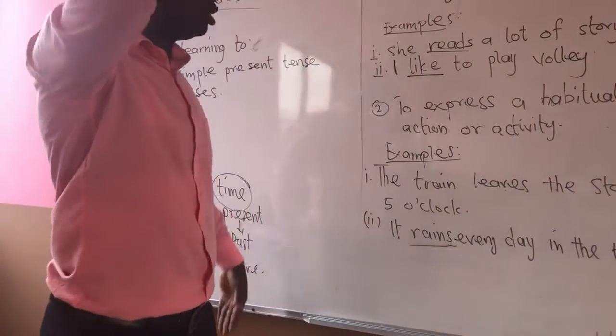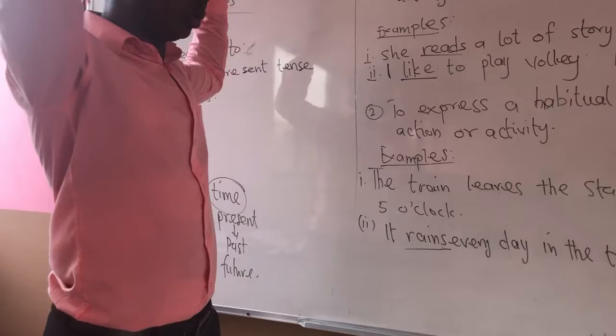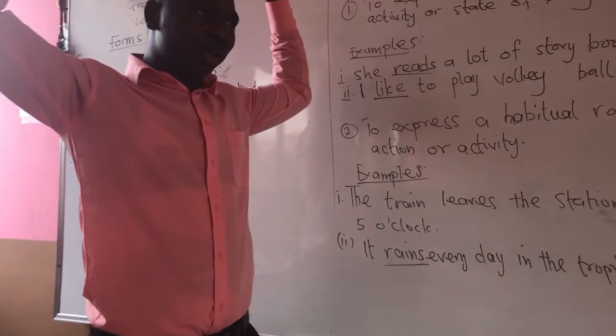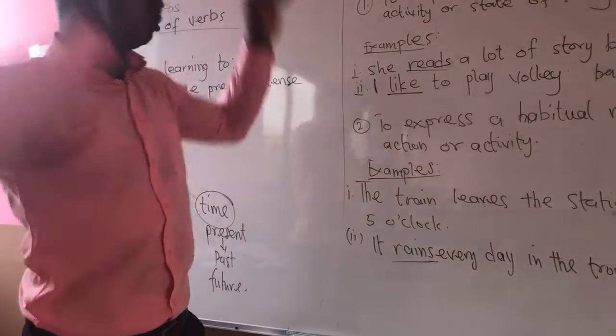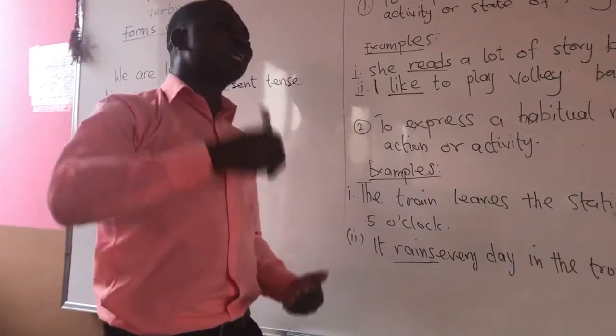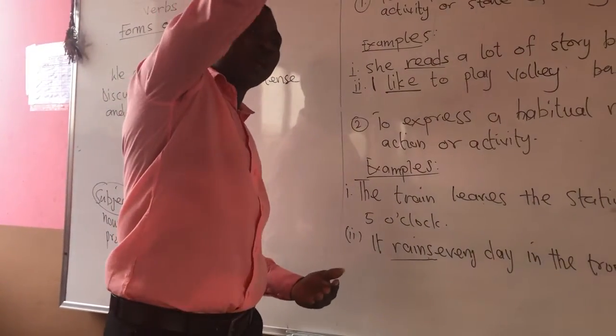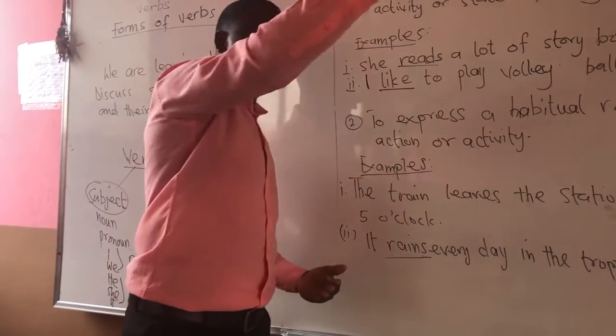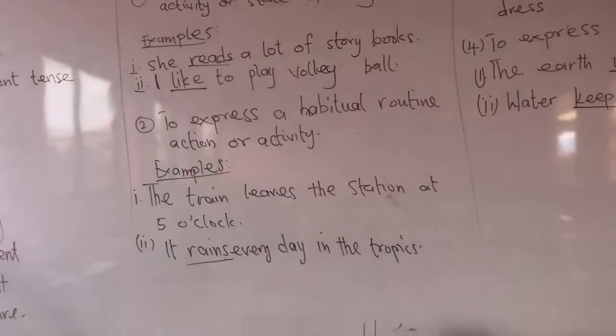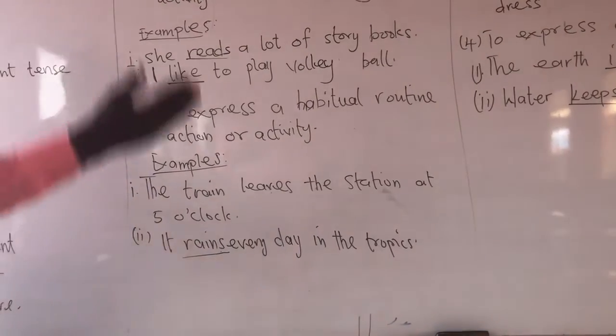When we say some days before, that means it has passed, so it can happen in the past tense. And also it can happen in our future, where we don't know what will happen. That is future tense.